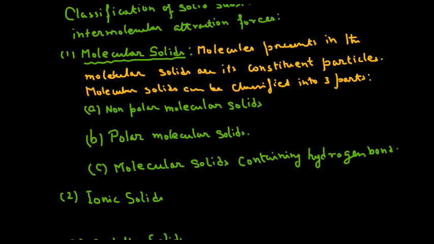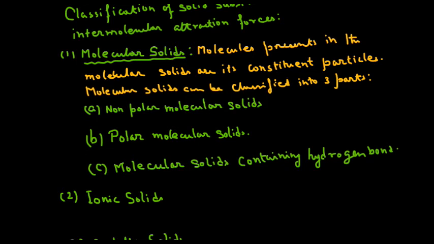They are also soft and non-conductors of electricity. Their melting points are higher than those of non-polar molecular solids. Even then, they are in gaseous or liquid state at normal temperature. Solid SO2 and solid NH3 are solids of this type.